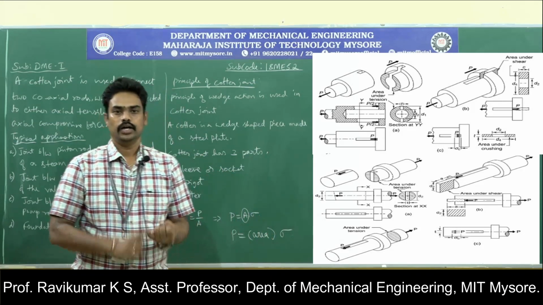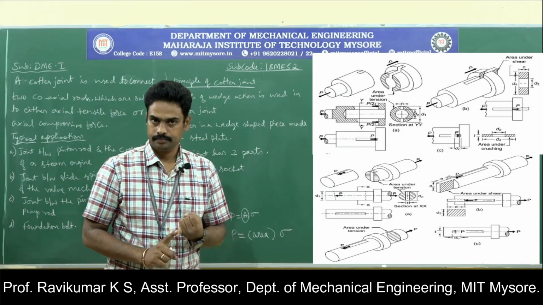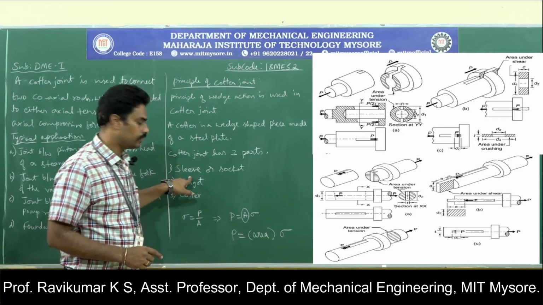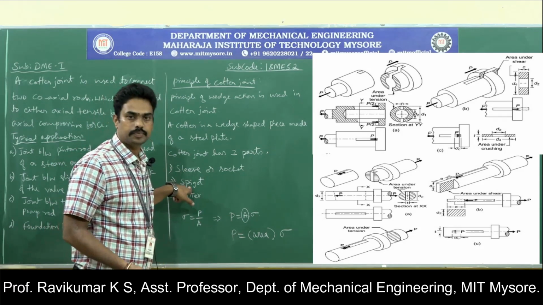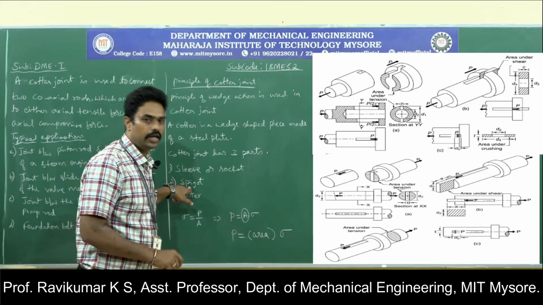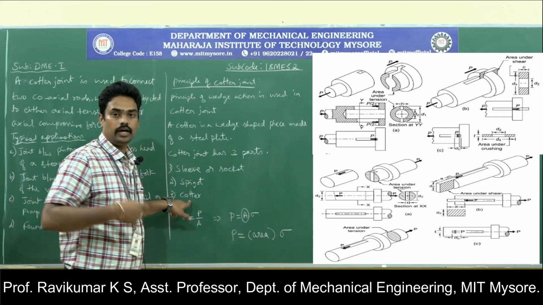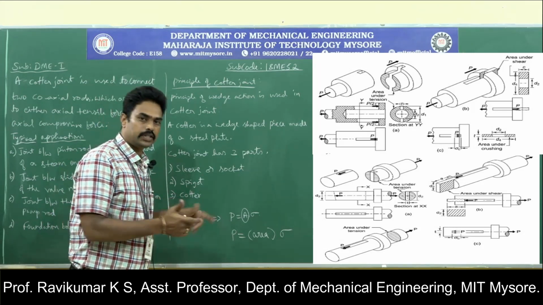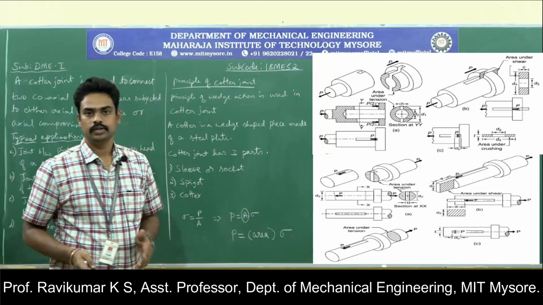That means it will be the area of shear in the sleeve, area of tear in the sleeve, area of shear in the spigot, area of tearing in the spigot, area of shear in the quarter, area of compression in the quarter, like that.